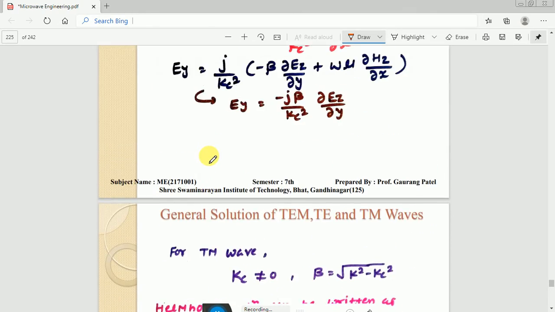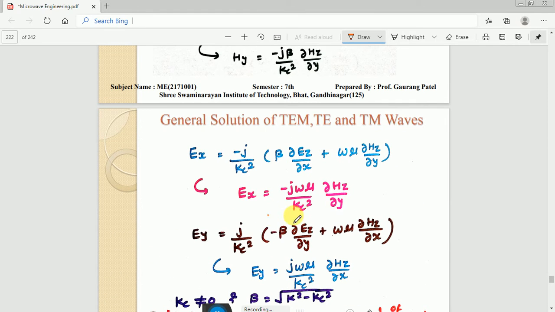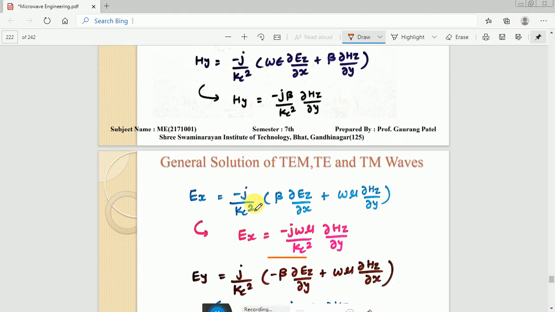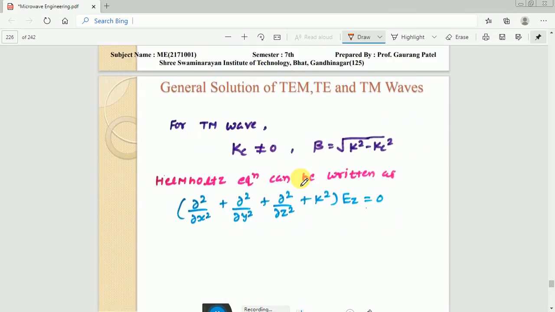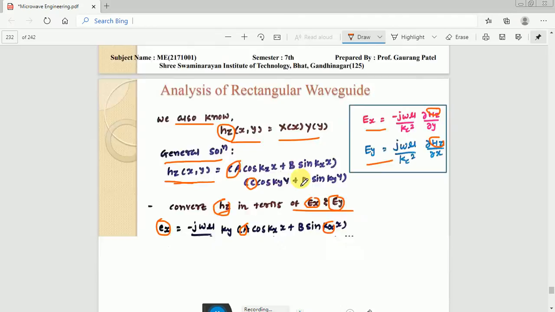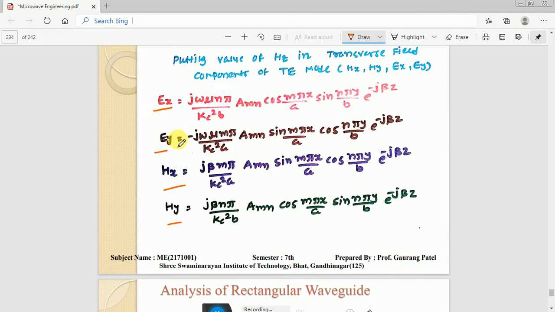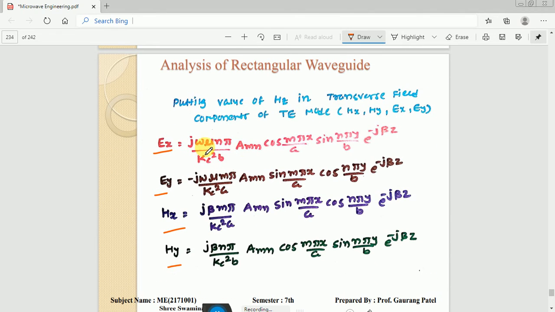Let me show you those equations. So these are the equation of Ex, equation of Ey, equation of Hx and equation of Hy. Here in place of Hz we put the solution we just found and solve it. Then the equations that we get are: Ex is equal to j omega mu n pi divided by kc square into b, A_mn cos(m pi x by a) into sin(n pi y by b) into e raised to minus j beta z. Similarly, the equation of Ey, equation of Hx and equation of Hy.